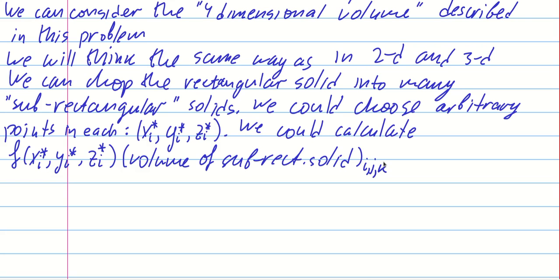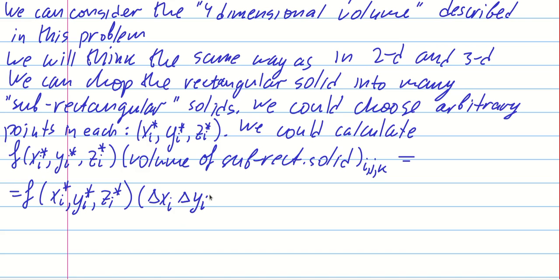So we get f of x sub i star, y sub j star, z sub k star times delta x sub i, delta y sub j, and delta z sub k. We take all of the dimensions of this little solid and multiply them together to get the approximation.